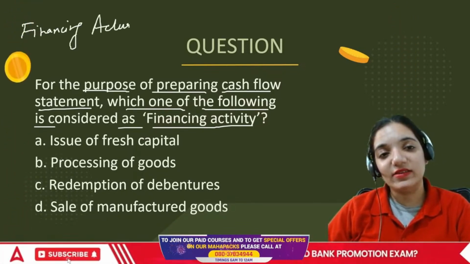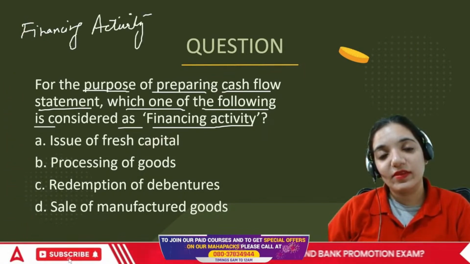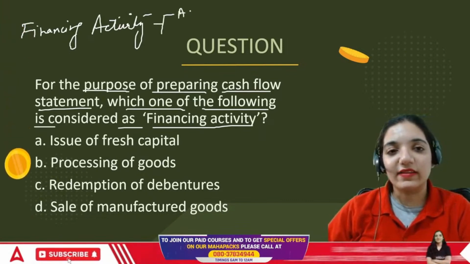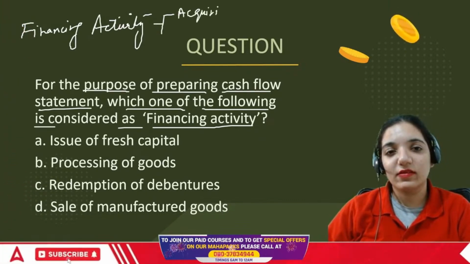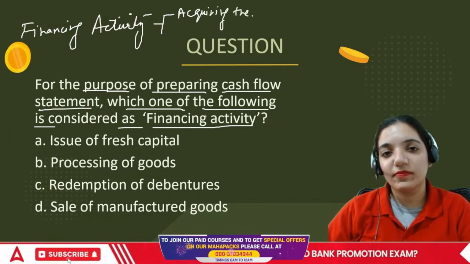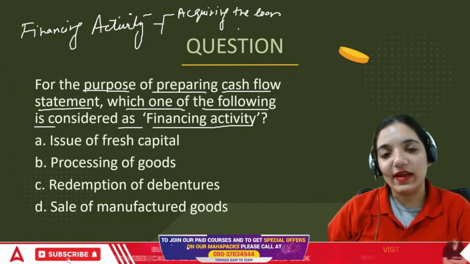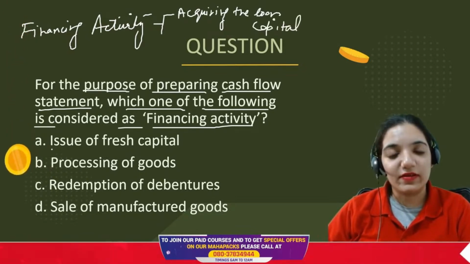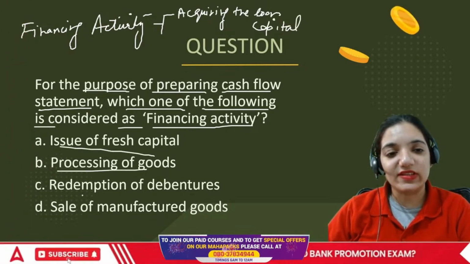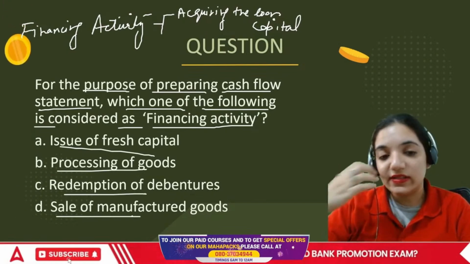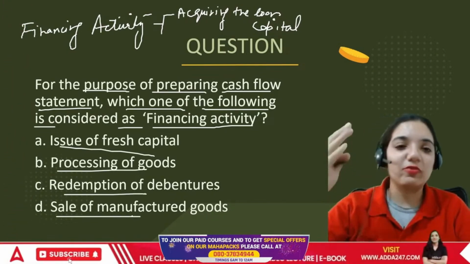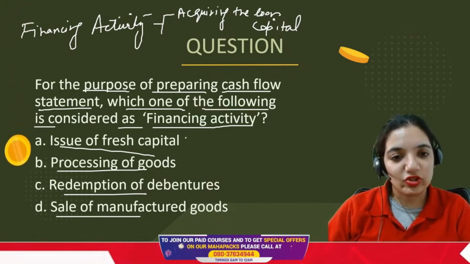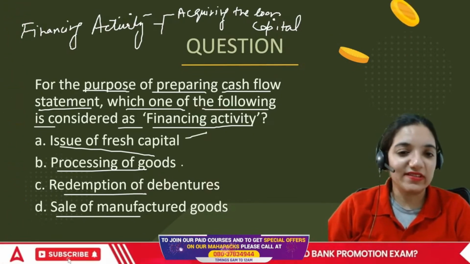Financing activity can be for acquiring the loan, for acquiring the capital. They are all covered here. Issue of fresh capital, processing of goods, redemption of debentures or sale of manufactured goods. When we talk about financing activity, the correct answer is going to be issue of fresh capital, because processing of goods is a day-to-day thing.